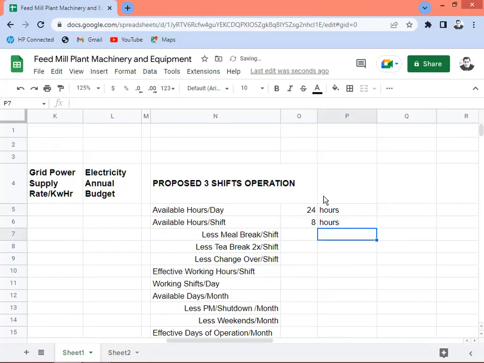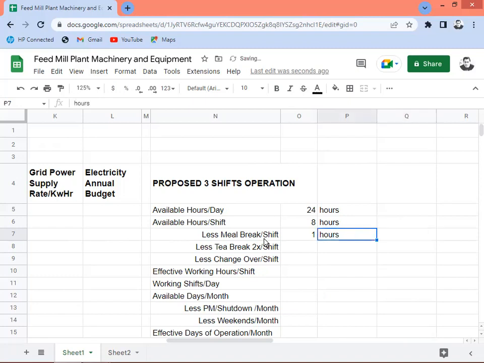Then we're going to deduct, less the meal break. We're providing a meal break per shift of 1 hour. So that would be 1 hour per shift.